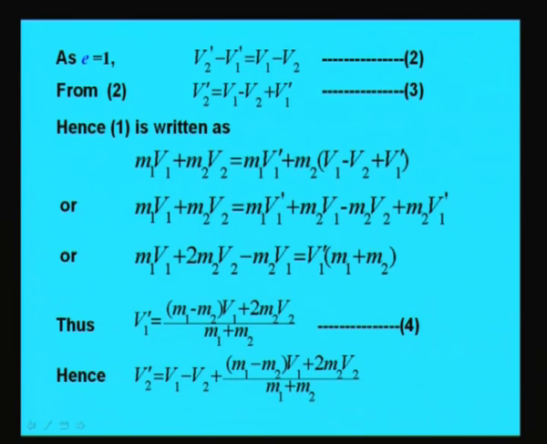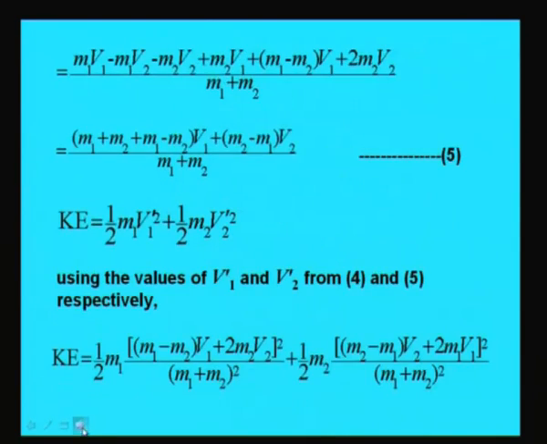Hence, V2 prime, because V2 prime is V1 minus V2 plus V1 prime. So V2 prime is V1 minus V2 plus ((M1 minus M2) V1 plus 2 M2 V2) divided by (M1 plus M2). Then we simplify this and get M1 V1 minus M1 V2 minus M2 V2 plus M2 V1 plus (M1 minus M2) V1 plus 2 M2 V2, divided by M1 plus M2.